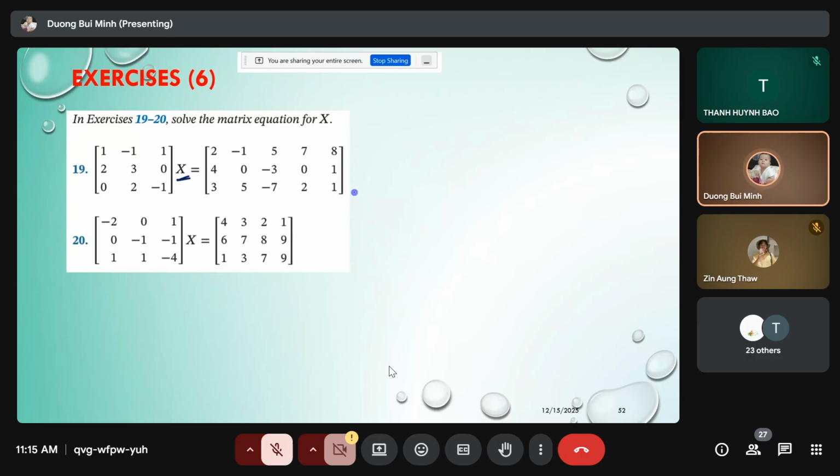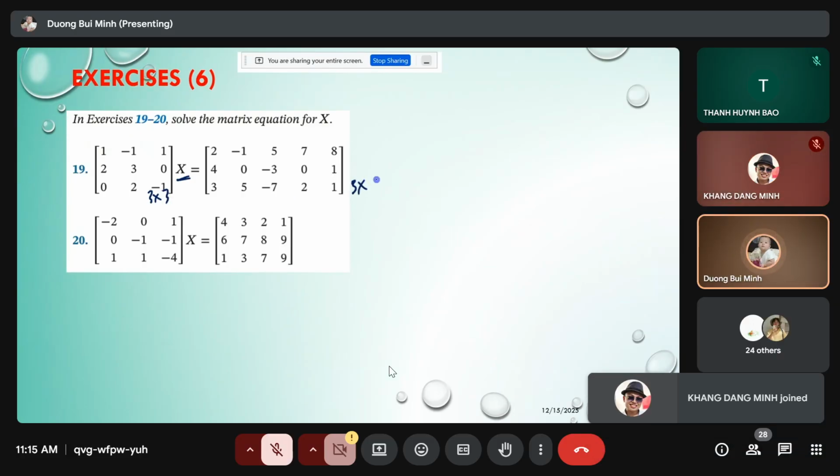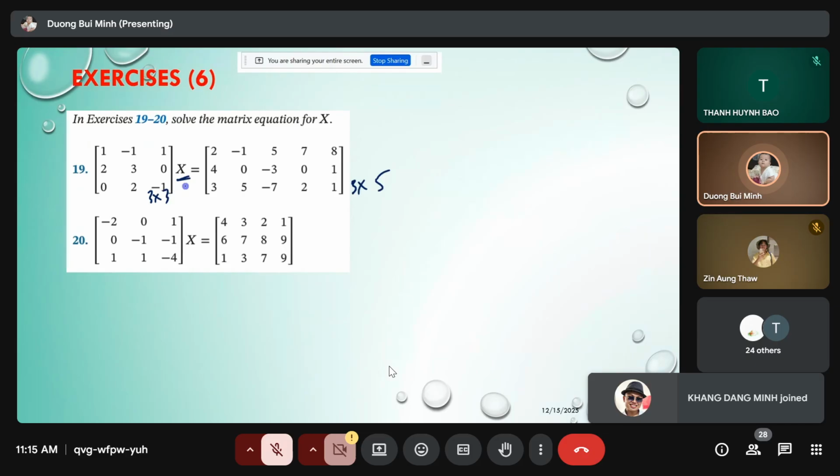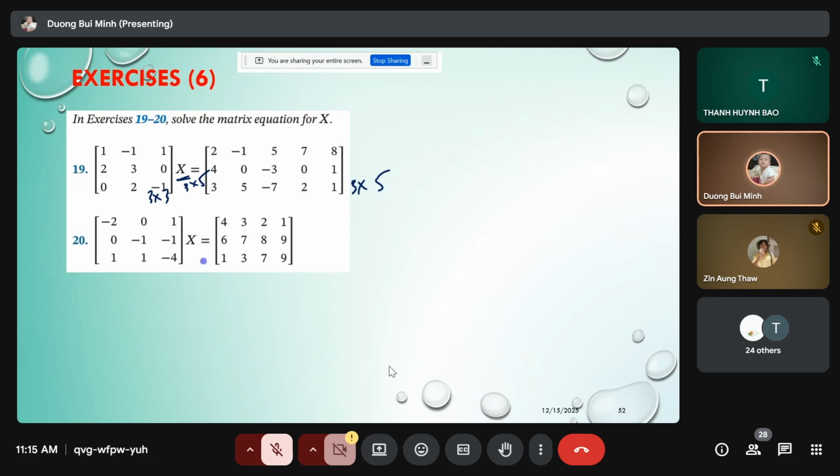Here we have 3 by 3, and here we have 3 rows and 5 columns, so you can get X as 3 by 5. Here 3 by 3, here 3 by 4, so here X must be 3 by 4.